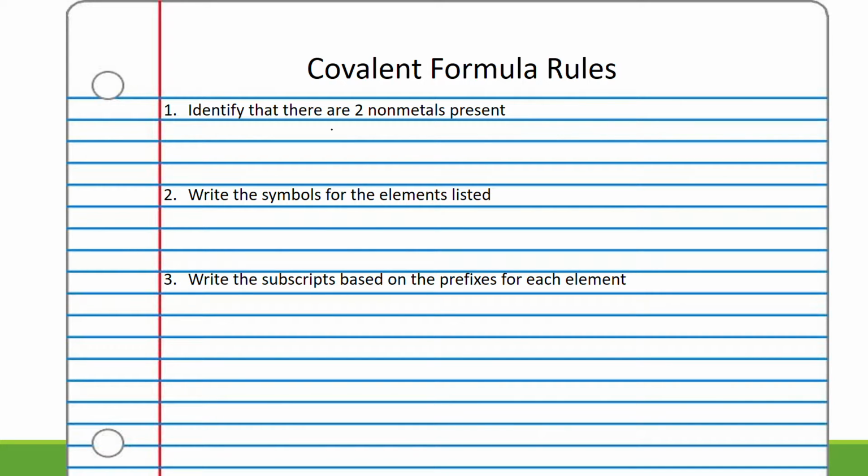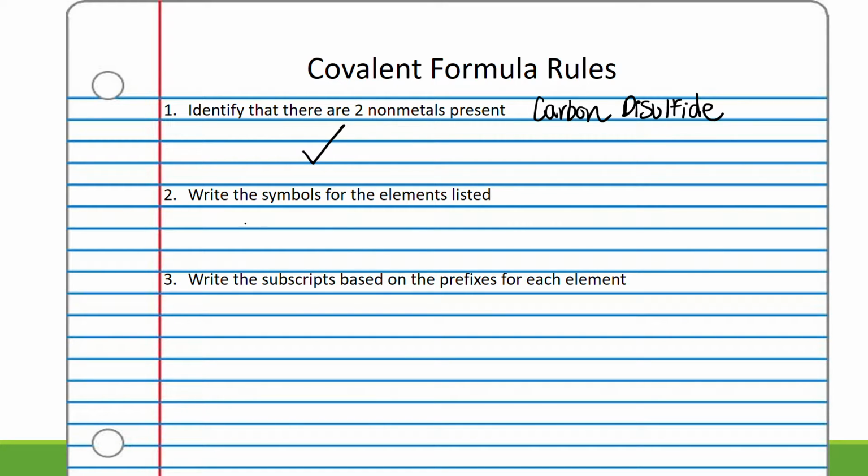All right, so now let's go to covalent formula rules. This is kind of backwards of what we were just doing. So if I give you the name, let's say carbon disulfide, we are going to identify first that there are two nonmetals present. Okay, there's carbon and sulfur. Check.